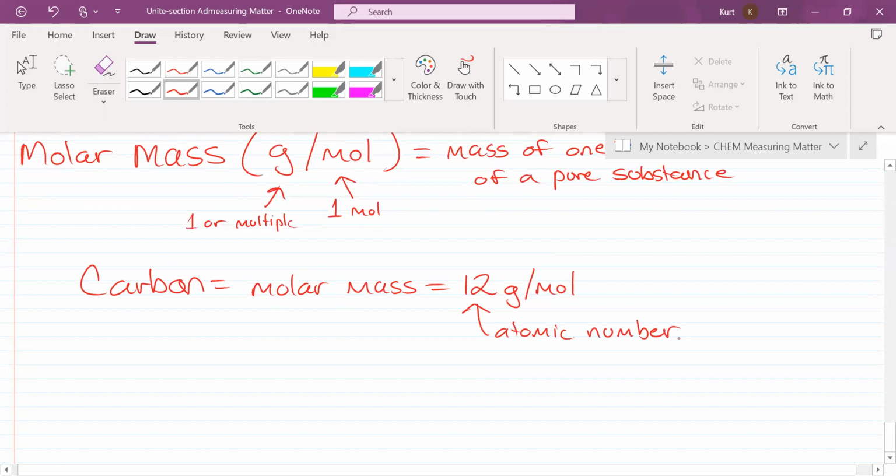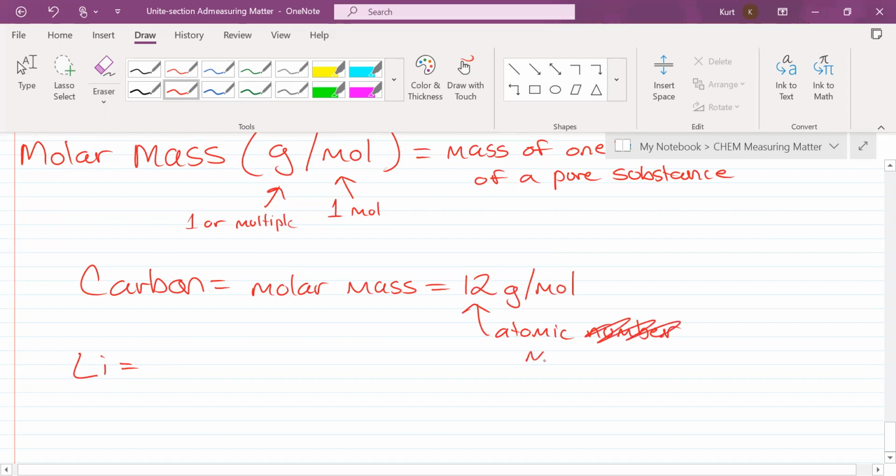Whenever I ask you what is the molar mass of any given element, all you have to do is look at the atomic mass. So I'm going to get to the other half of the class, starting with Colby. Colby, what is the molar mass of lithium? You're just going to look at the atomic mass number. Oh yeah, I do mean atomic mass.